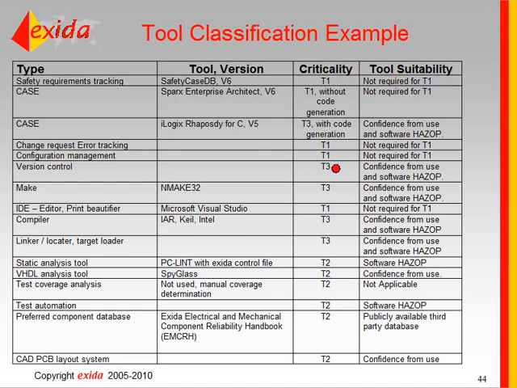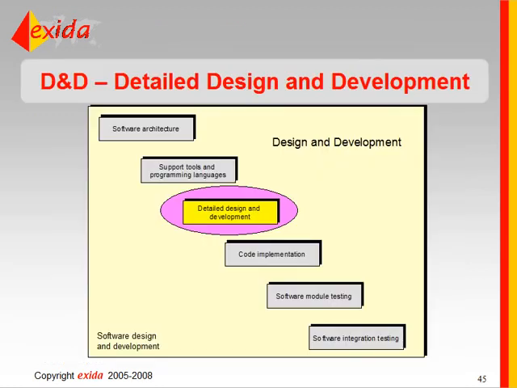For T3, you might use confidence from use and a software HAZOP. So you would qualify it by saying you're using a tool that you've used before on many projects, and you'll do a software HAZOP to identify the failures. And T2 would just require the software HAZOP. It wouldn't require the confidence from use or testing.